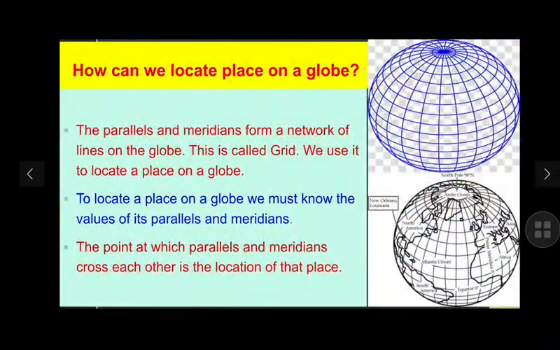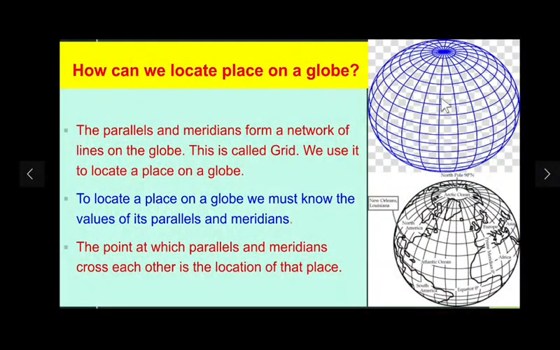Now let us move further. Now we will see how we can locate a place on a globe. Here the parallels and meridians form a network. When you see this image, you can see that we have parallels and meridians and they are forming a network. This network is called a grid.